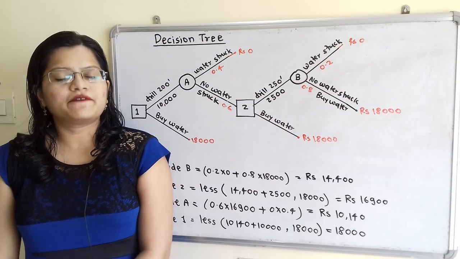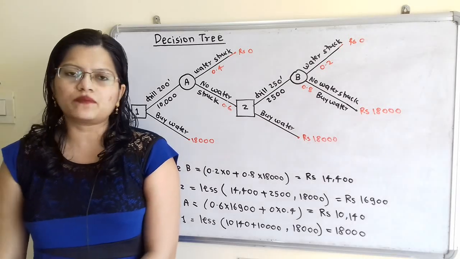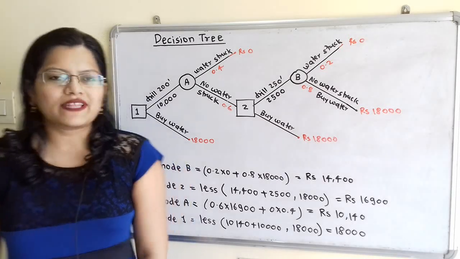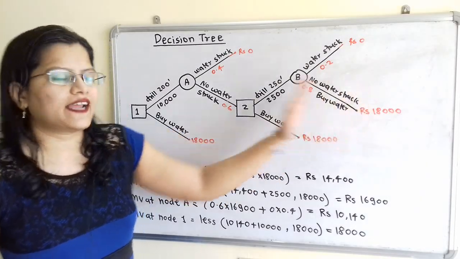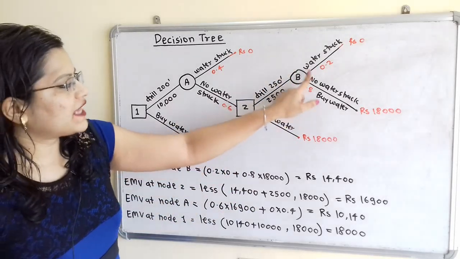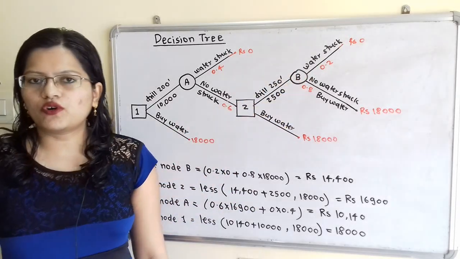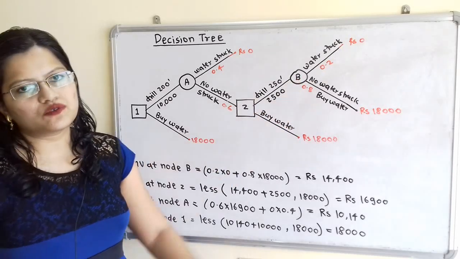Now we will decide which is the best option by the calculation of expected monetary value. So we know that expected monetary value we have to calculate from the right hand side towards the left hand side. So if we observe on the right hand side, there is node B. What is the expected monetary value at this node B?